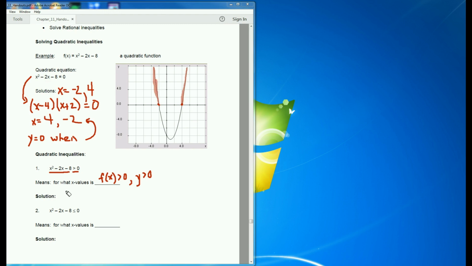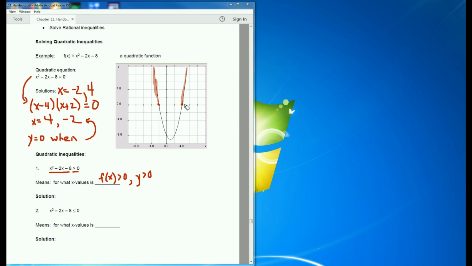But when we write the answer, we need to write it in terms of x. So we want to say, well, that's where y is greater than 0, but which x values will give me these y values?